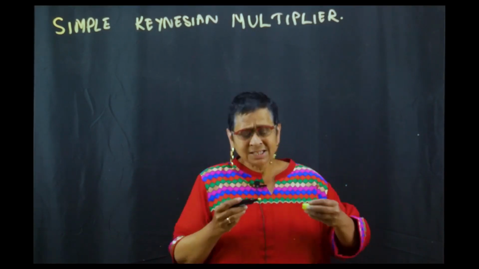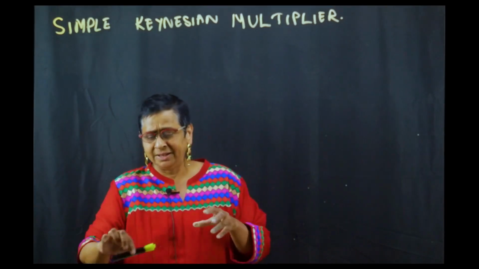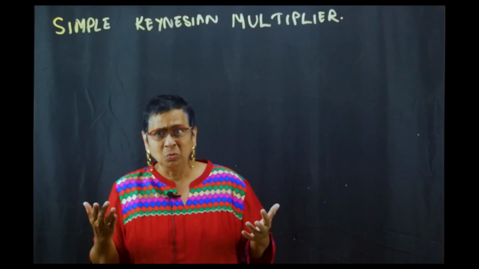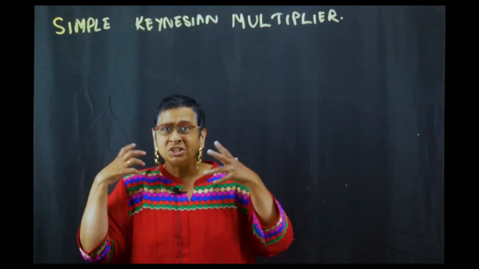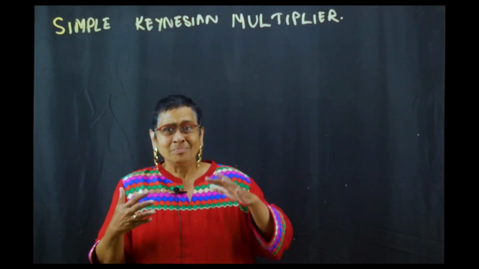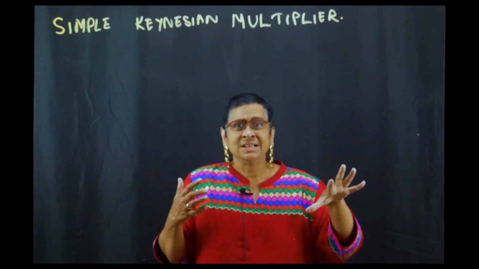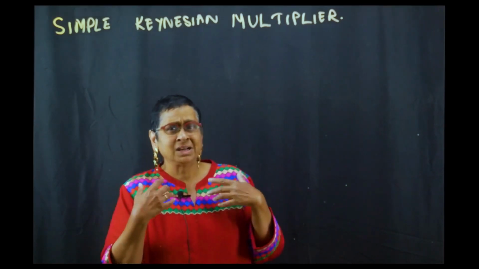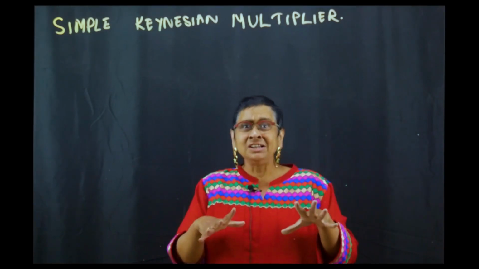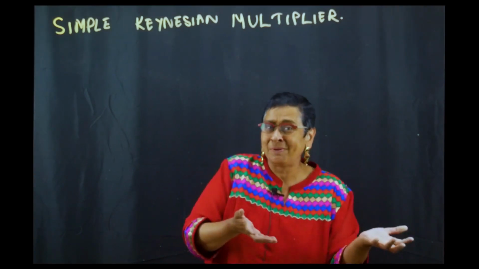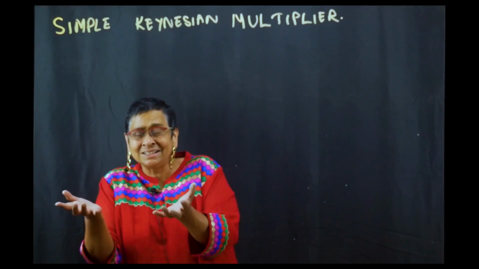The basic idea behind a Keynesian multiplier is that now that we understand how the income expenditure model works, we can begin to intuit that when there is a change in the system, because in the circular flow my expenditure becomes your income, you will then spend some of it, it will become your expenditure, it will become someone else's income.